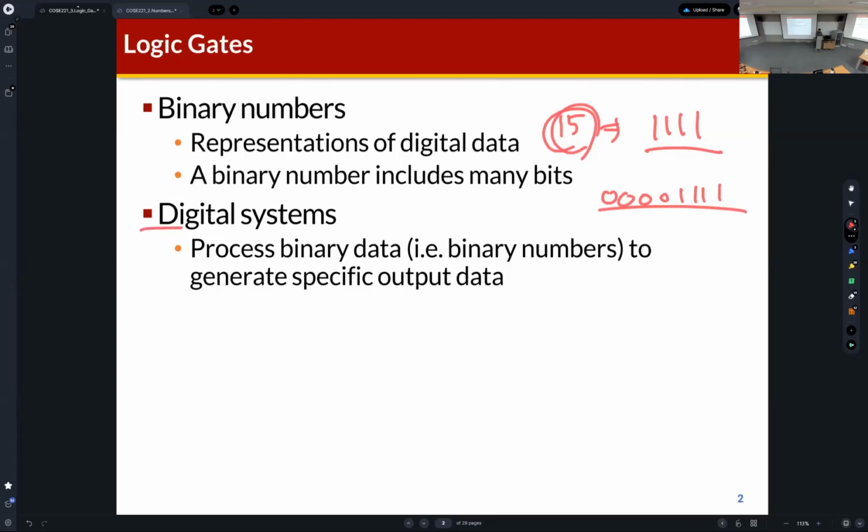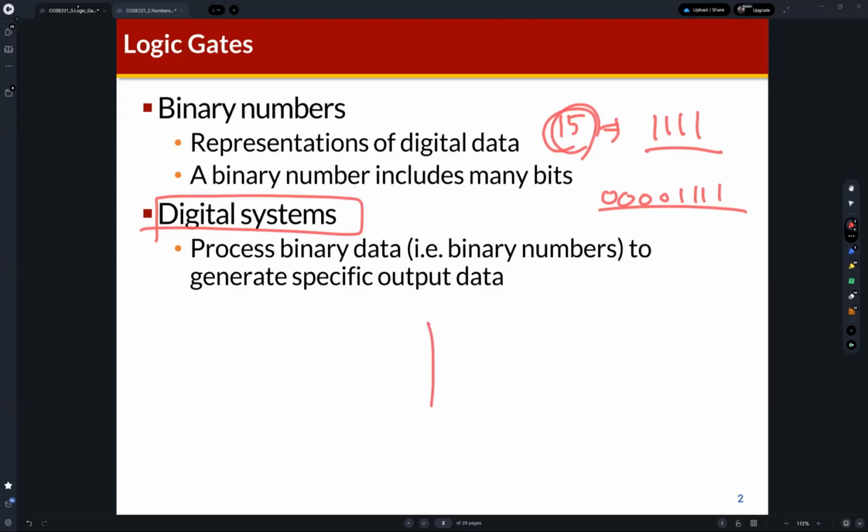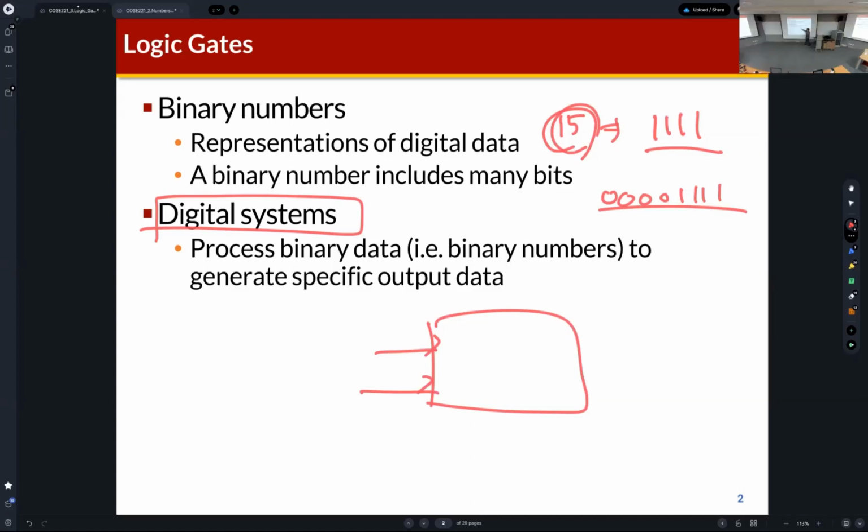I said digital systems handle binary data, and the binary data includes multiple bits. So many bits are given to the digital system, and the digital system generates output. Okay, that is the typical operation of a digital system.